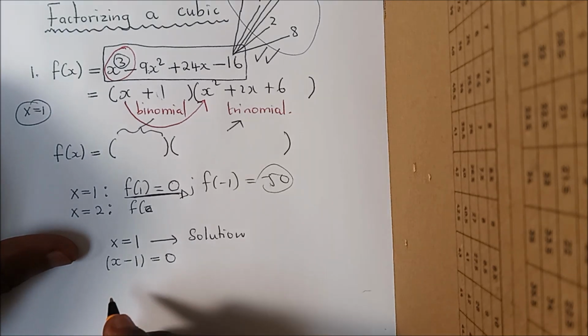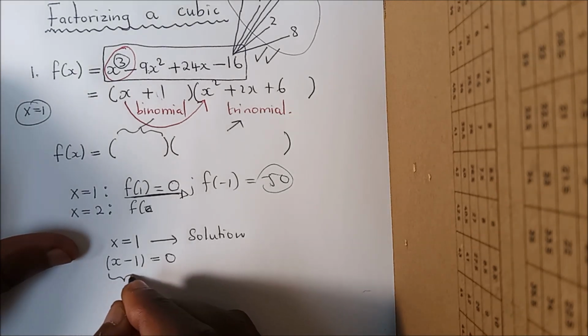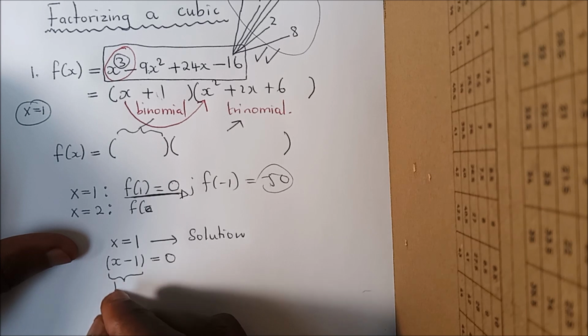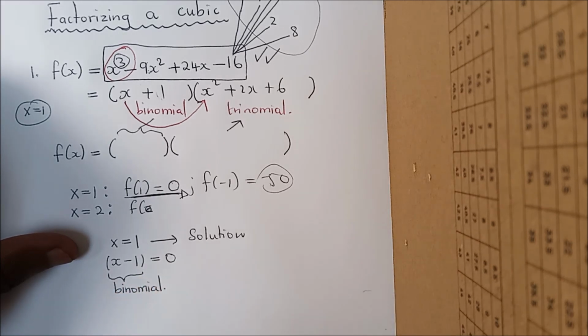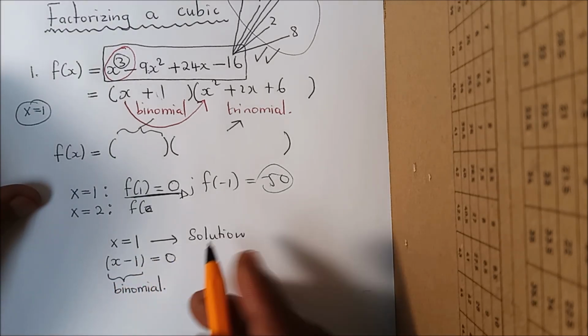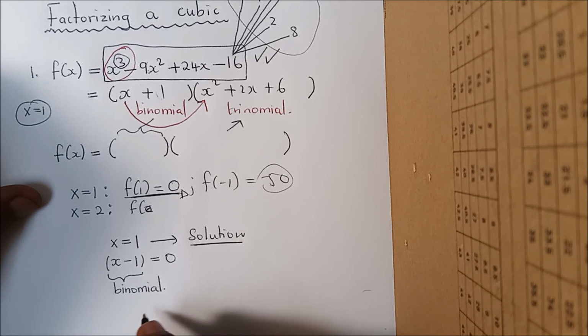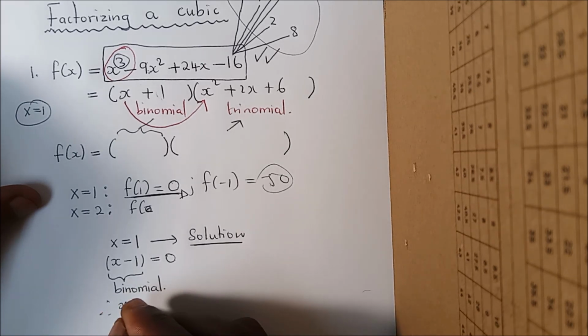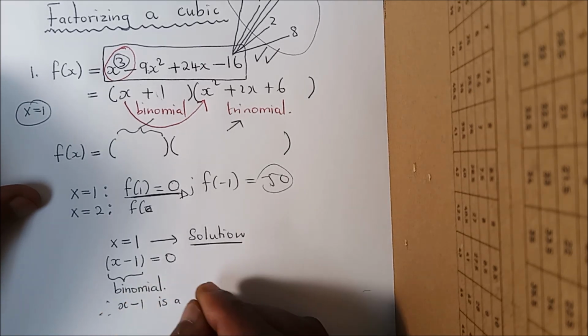So now this x minus 1, what is it? It is a binomial. So if x minus 1 equals 0 and x is a solution, we say therefore x minus 1 is a factor.